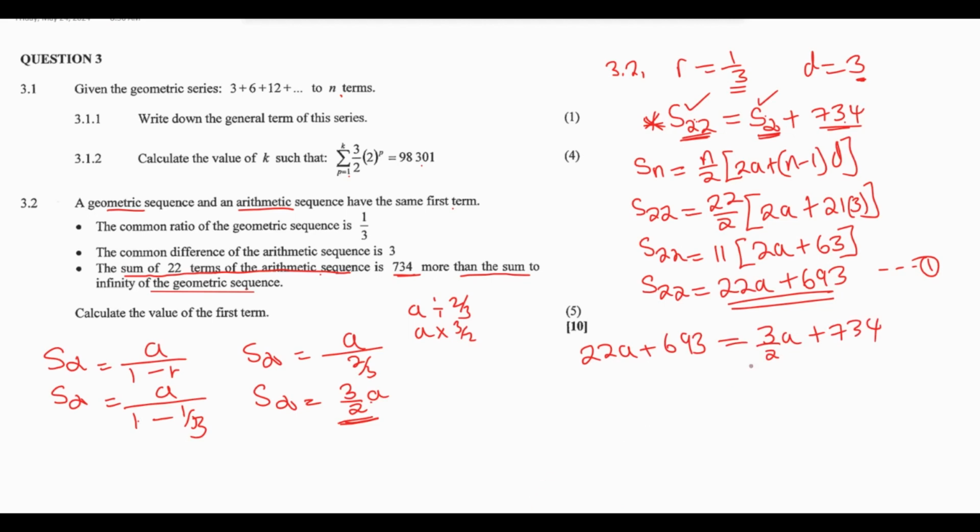We can multiply everything by 2 to get rid of the denominator. So it's 44a plus 1386 is equal to 3a plus 1468, right? 44a minus 3a, that is 41a, is equal to 1468 minus 1386, that is 82, right? Then divide by 41 on both sides of the equation. a is equal to 2.